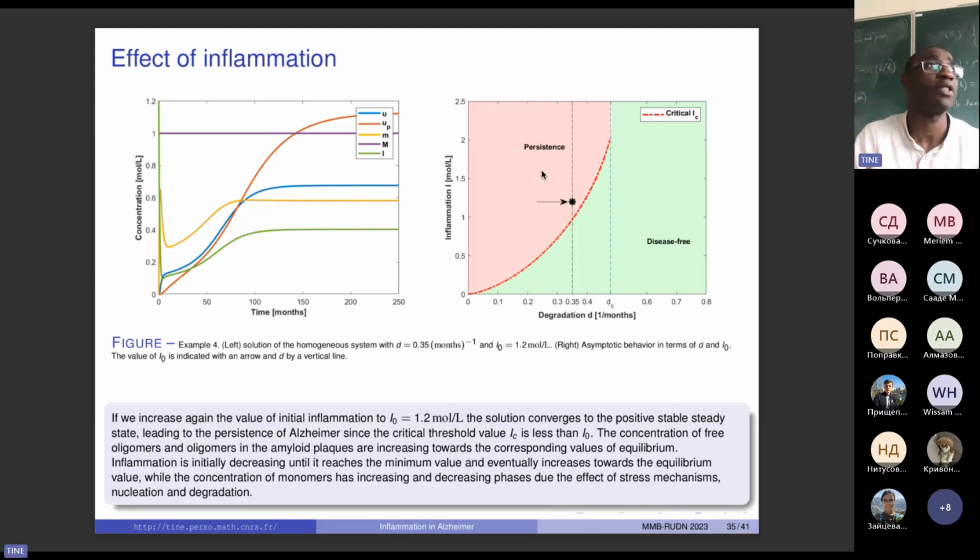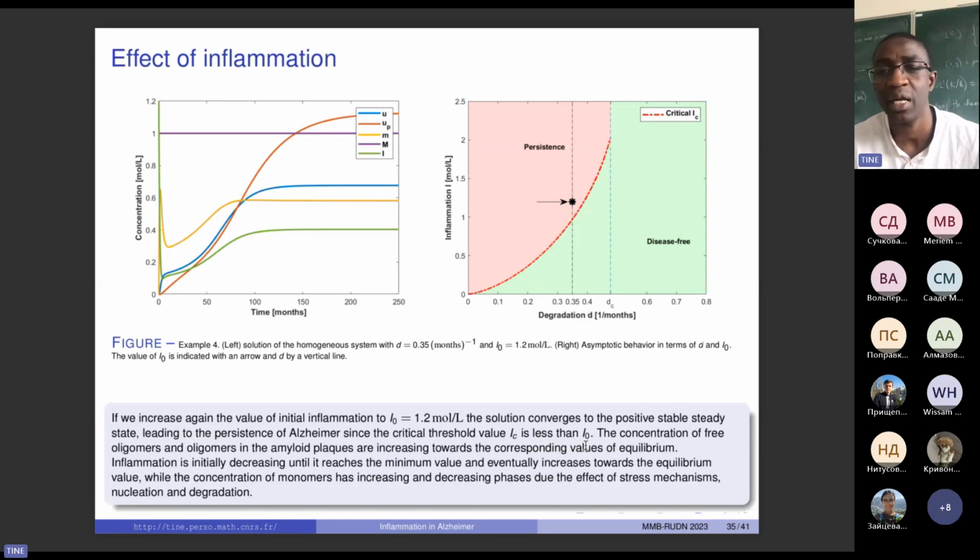That means we will have the persistency of the disease. So if we increase I0 again, the solution converges towards the positive, stable steady state, leading to the persistency of Alzheimer's, since the critical threshold IC is less than I0.